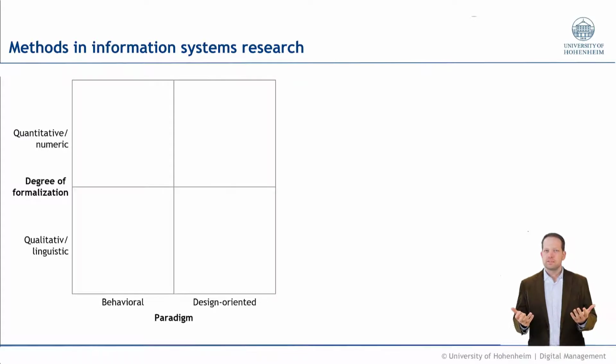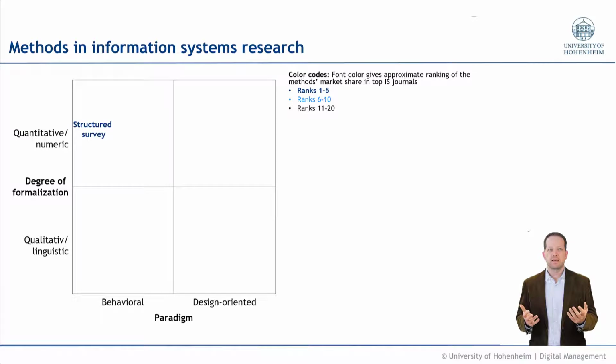Now that we know this 2x2 grid, we can use it to place the 20 commonly used methods in information systems research along these two different dimensions, the degree of formalization and the paradigm. And let us start with the most prominent, the most widely used method in information systems research, surveys.